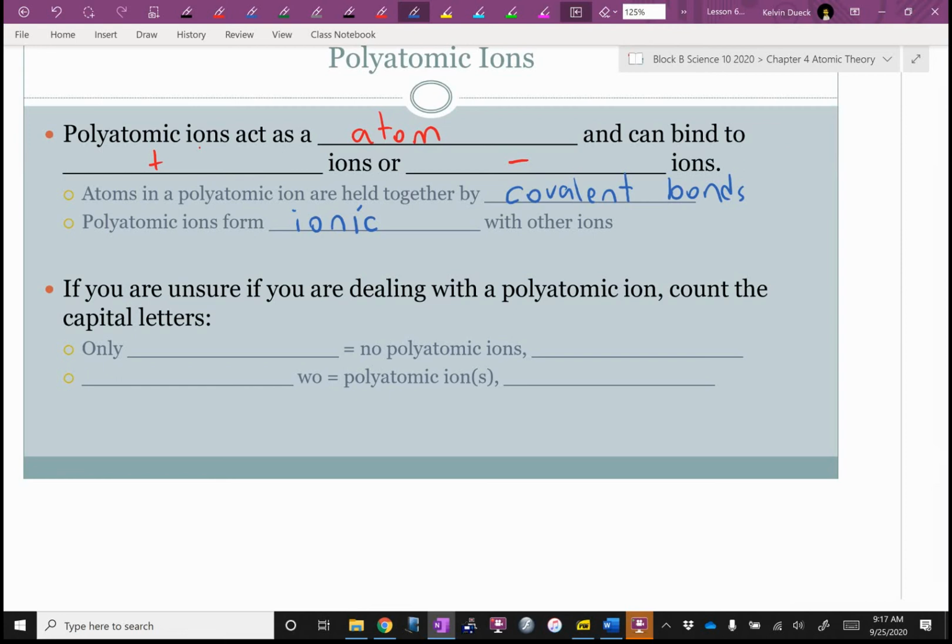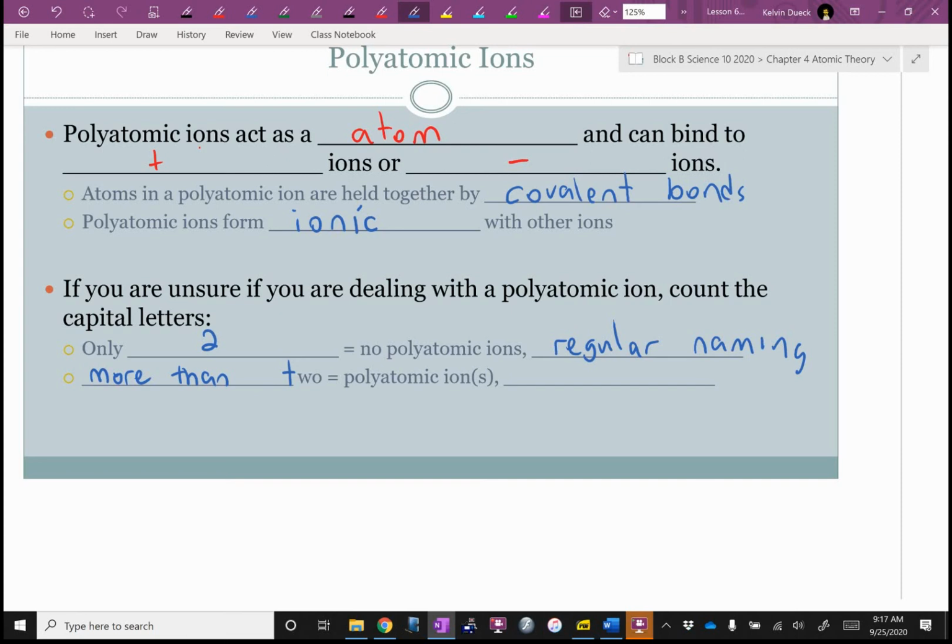If you're not sure if the formula that they've given you has a polyatomic ion, the easy trick is just count the number of capital letters. If there's only 2 capital letters, there's no polyatomic ion. That means you can just use your regular naming with the "ide" rule. If there's more than 2 capital letters, then it's a polyatomic ion.